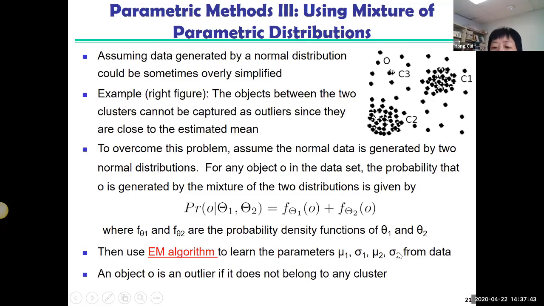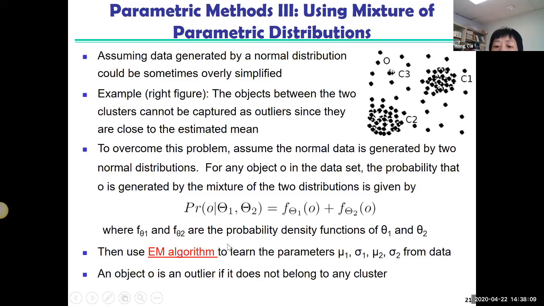It will start with random parameters for these two distributions. Then it will assign the data points to those two distributions and adjust iteratively until those two sets of points are all assigned. E stands for expectation and M stands for maximization.